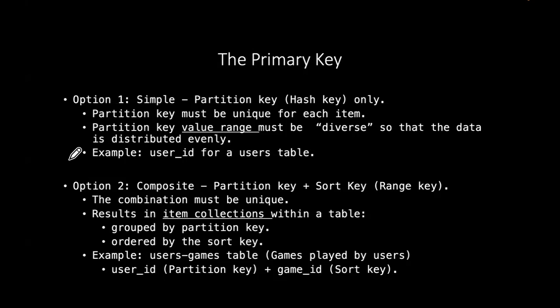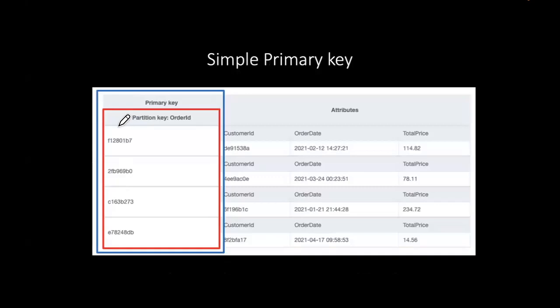In fact, if we just look at a simple example of this simple primary key, which I'm illustrating here, it's your 101 example. So this looks like a table that is storing customer orders. Nothing too exciting about that. And I've decided that the primary key for this table is going to be a simple primary key.